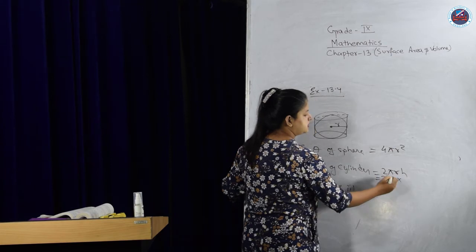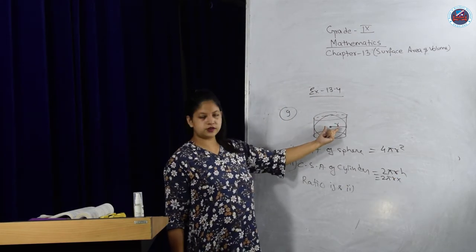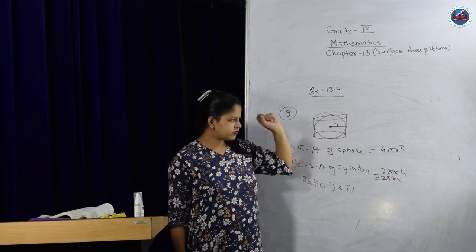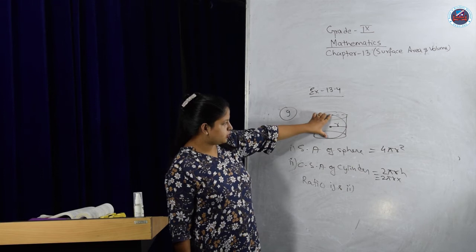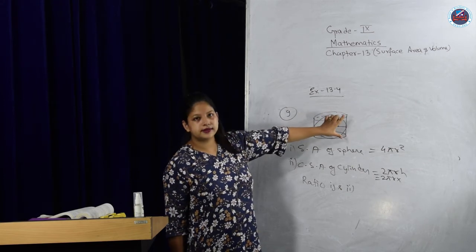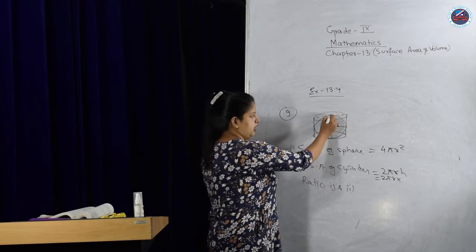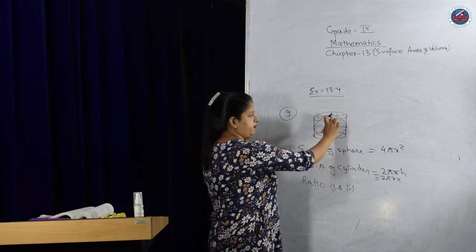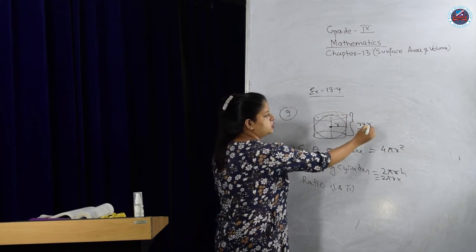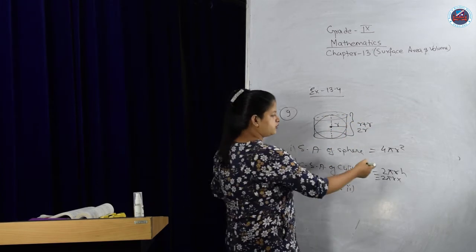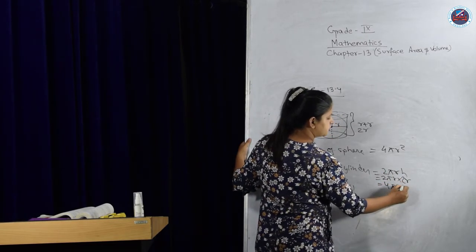But here h is not given, r is r, no doubt, because radius for sphere and cylinder is same, but height. Now, this diameter would be the height for cylinder. Why? Because this down part, this is also r, upper part is also r. So, r plus r will give you this total height. That means 2r. So, in place of h, 2r. So 2 into 2, 4 pi r square.